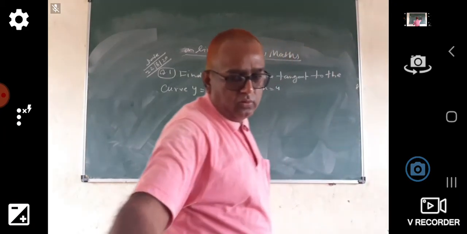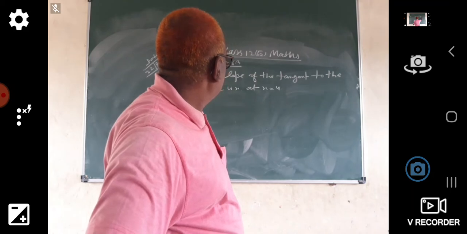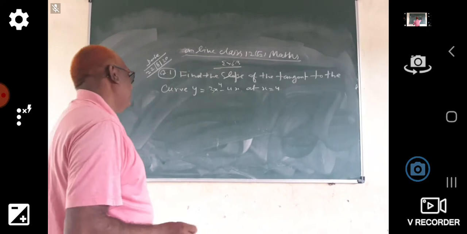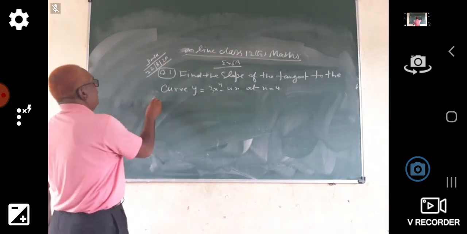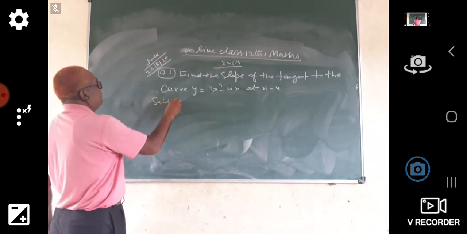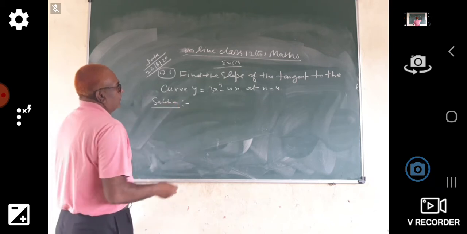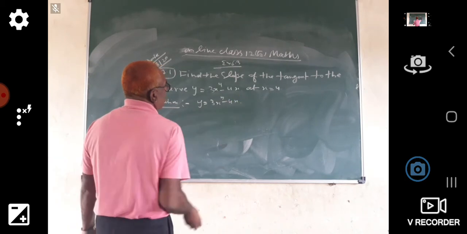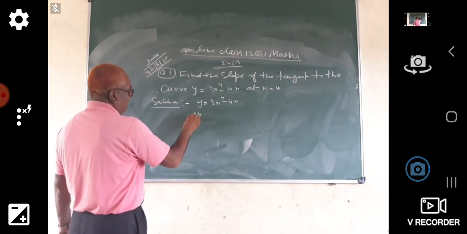You have to find the slope of the tangent, which means you have to find the value at x. Okay, so the solution is this. Since you are given y = 3x^4 minus 4x, find dy/dx.